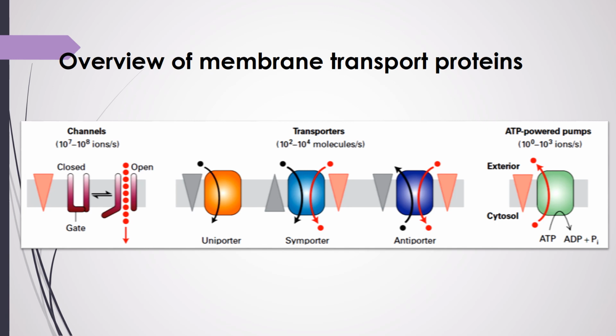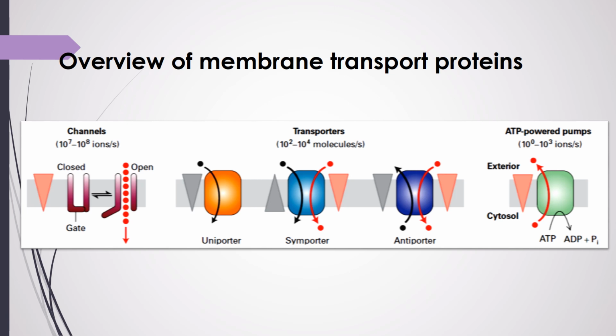For example, glucose and amino acids cross the plasma membrane into most mammalian cells with the aid of uniporters. Collectively, channels and uniporters are sometimes called facilitated transporters, indicating movement down a concentration or electrochemical gradient.